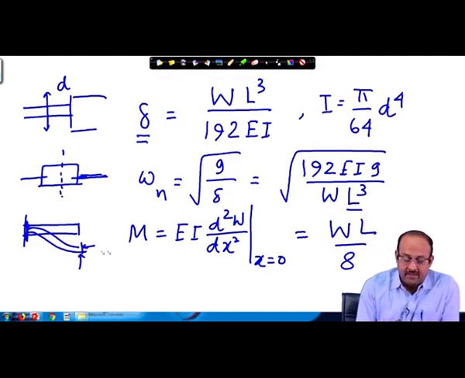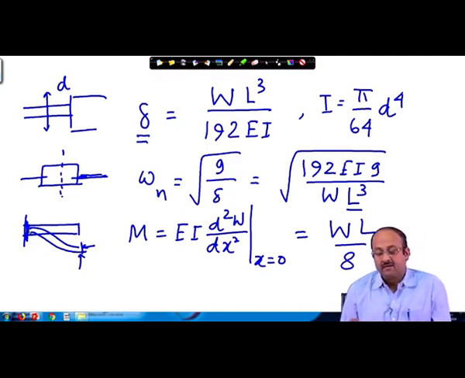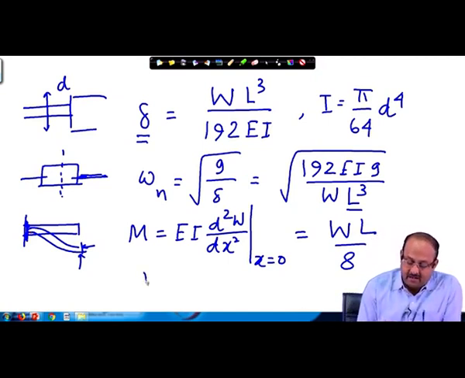So, now this is the bending moment here, and according to the Euler-Bernoulli theory, sigma maximum will be equal to 32 M divided by pi d cube.